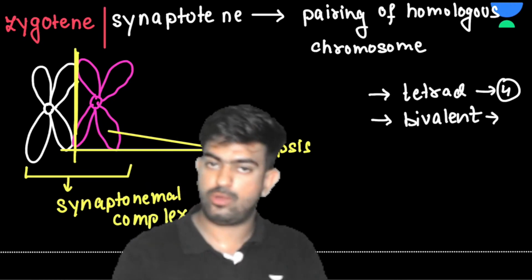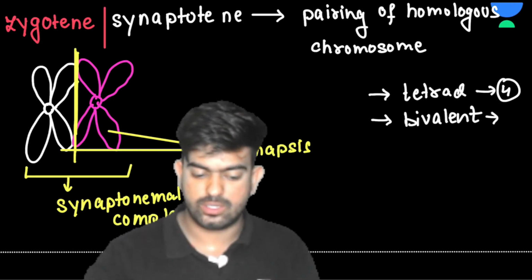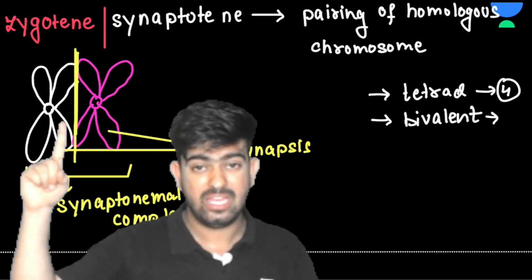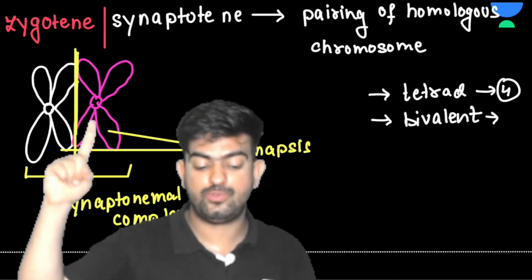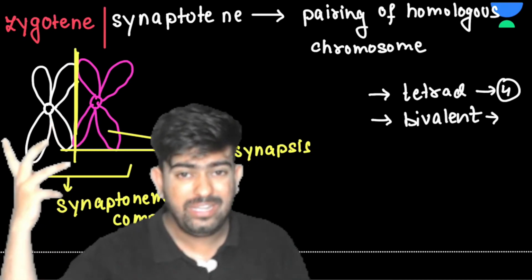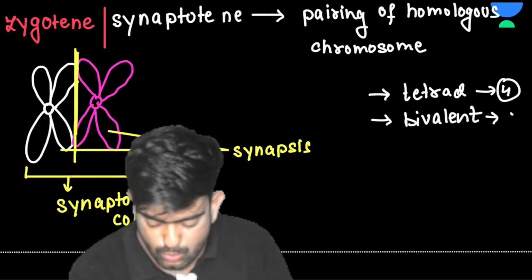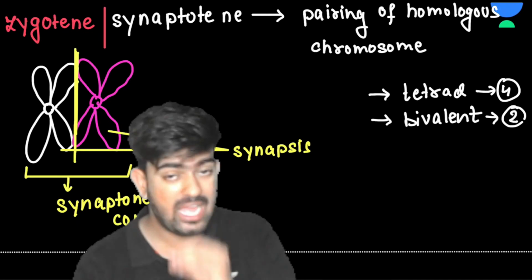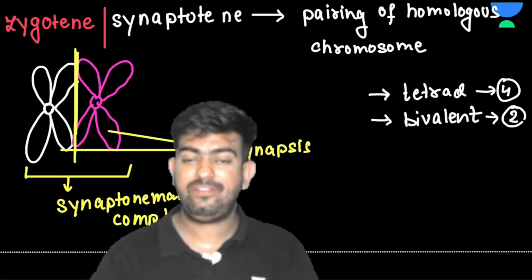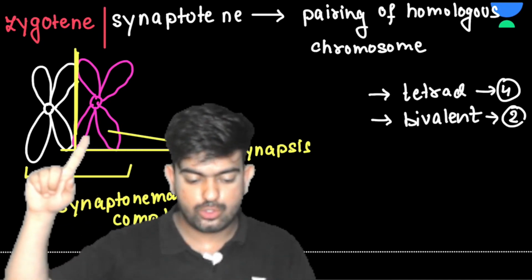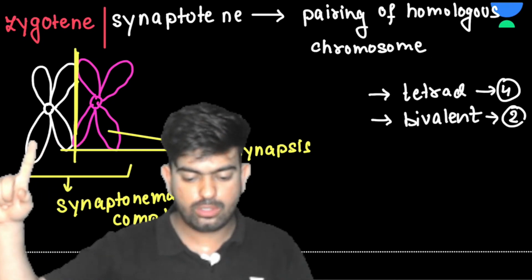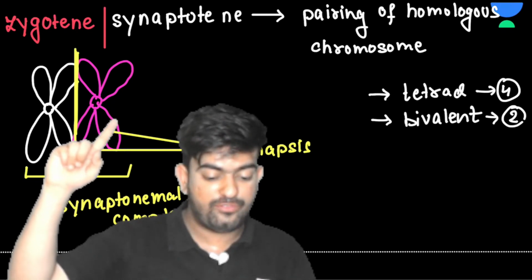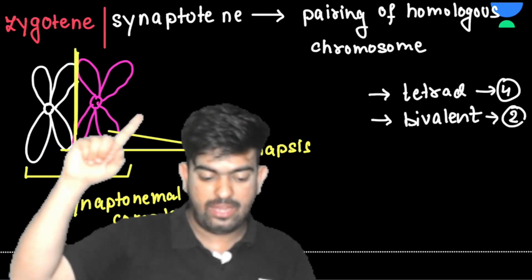I'm going to ask you again. This was one homologous chromosome, and this was the second. How many chromosomes do we have? We have 2 chromosomes, and that's why it is known as bivalent. Again, why tetrad, sir? We have 1, 2, 3, 4 chromatids. That's why tetrad. Why bivalent? We have 1 chromosome and 1 chromosome.